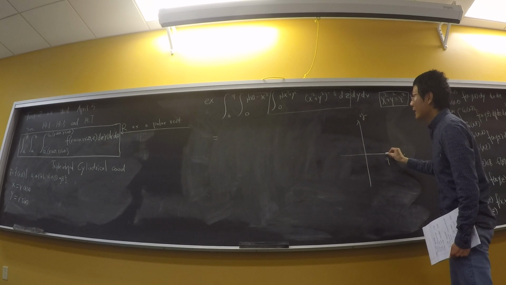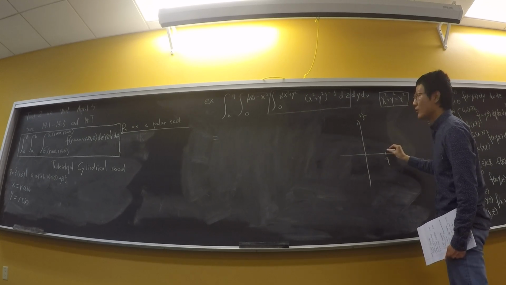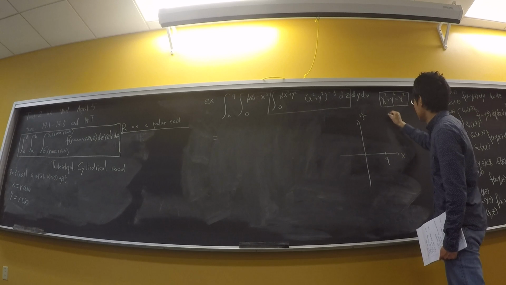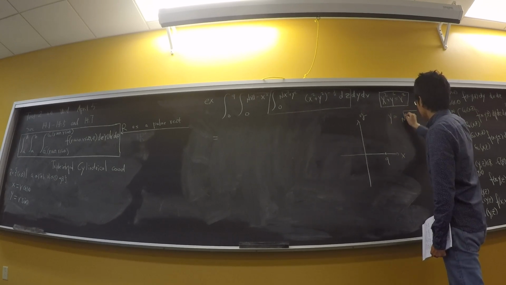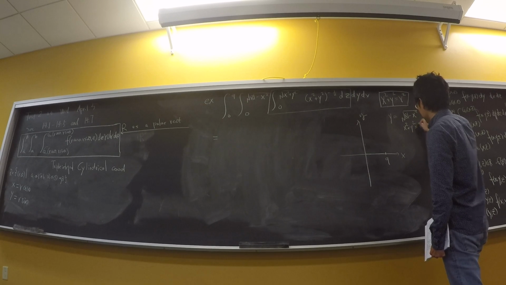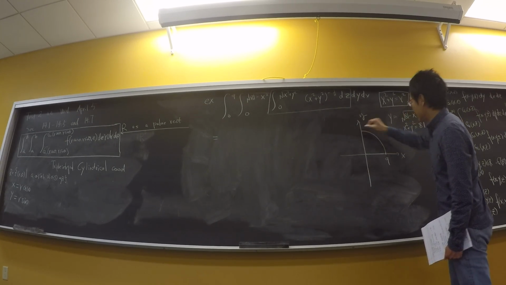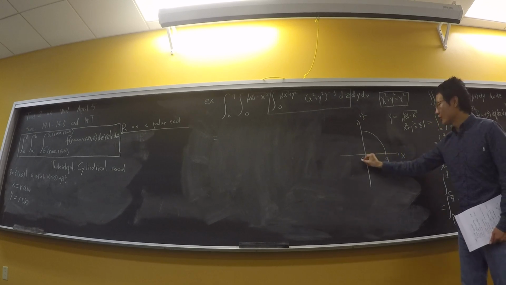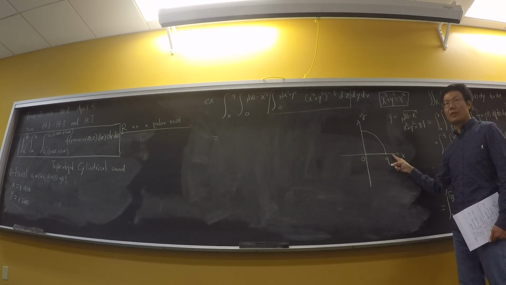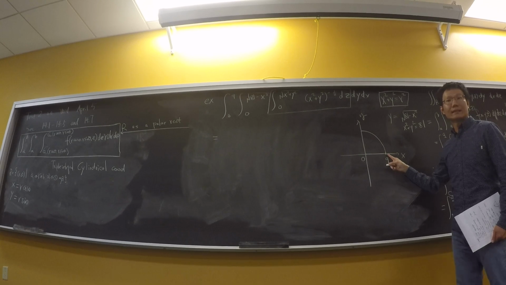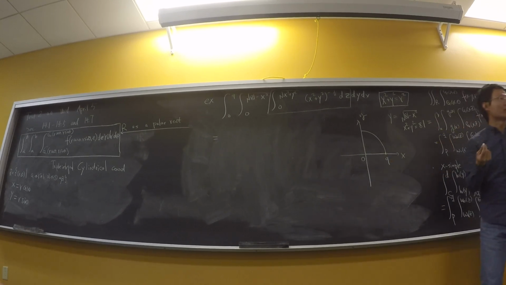So x squared plus y squared equals 81, which says this is a circle with radius 9. But x goes from 0 to 9, which means I'm only looking at a quarter of a disk. Do you agree with me?